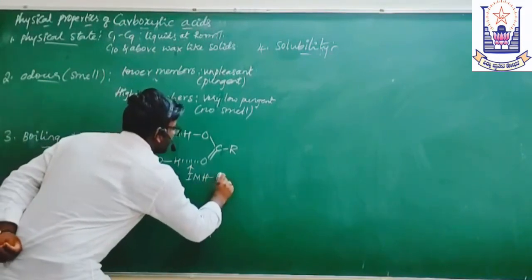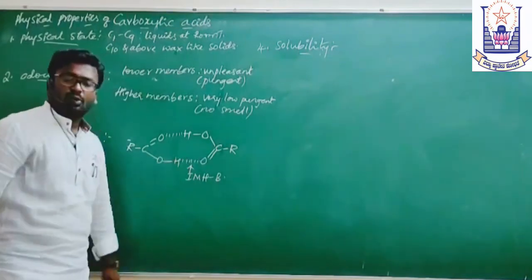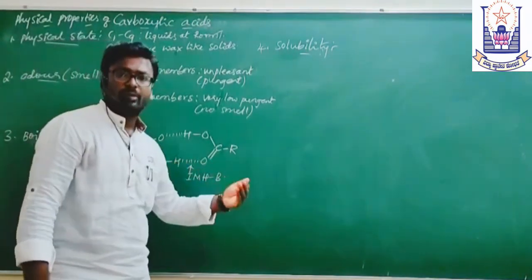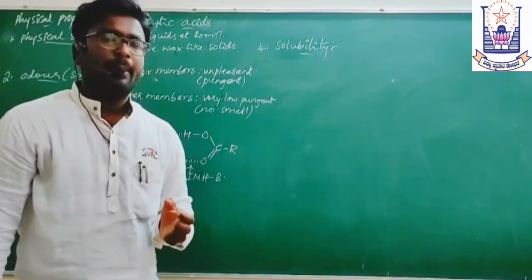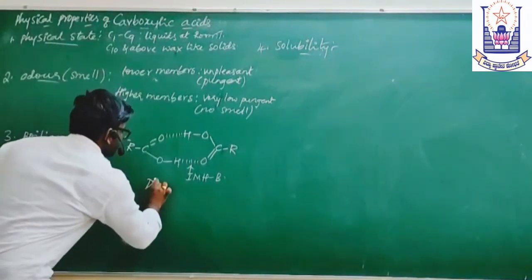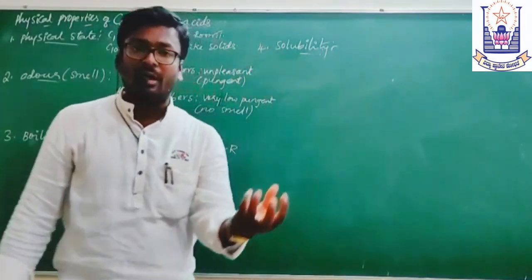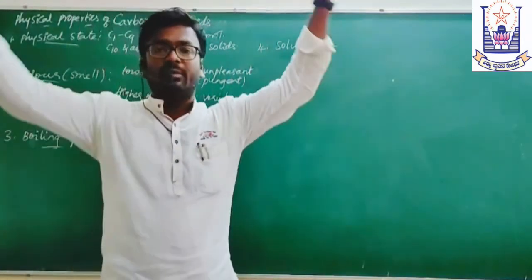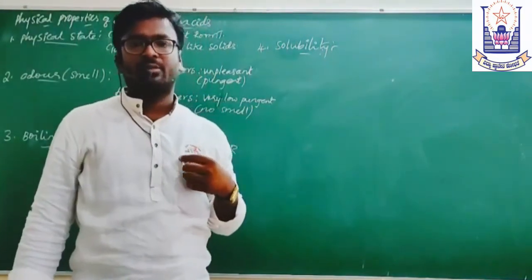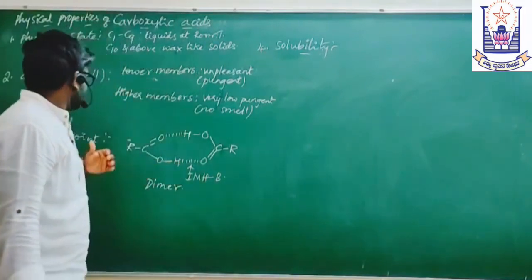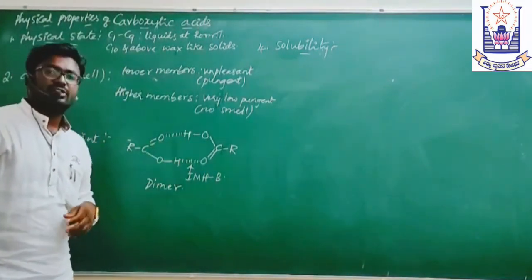Okay. And the presence of strong intermolecular hydrogen bonding between the carboxylic acid molecules makes it a dimer. Even in the gaseous phase, that is upon heating also, this will make intermolecular hydrogen bonding in the vapor state. Okay. And whose boiling point is high due to the association of molecules.